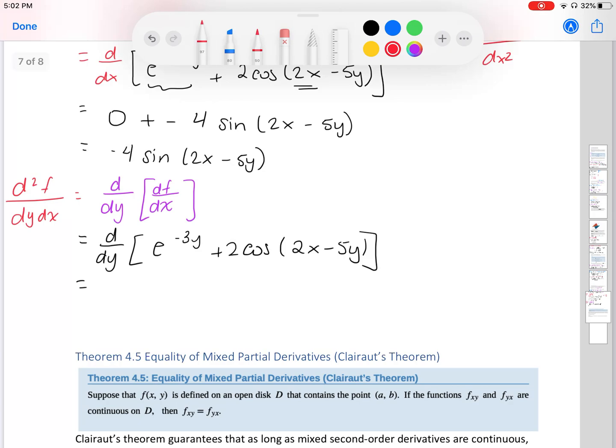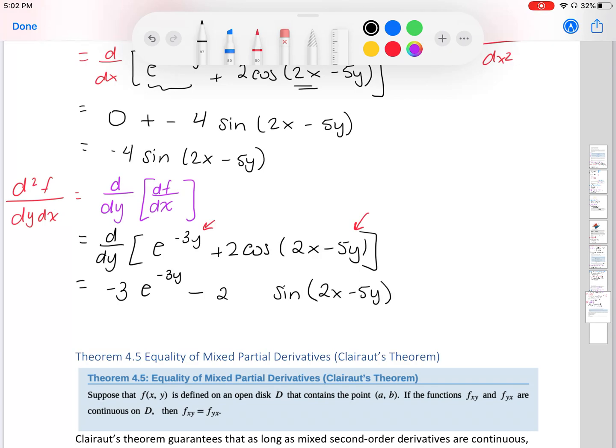But now we want to take that derivative and apply the derivative of y. Okay, where are our y's? We have our y here and our y there. So our derivative would be, the derivative of the exponent is just negative 3. And then here we have a cosine with the argument of y. The derivative of cosine is negative sine. So I have negative sine, and we have 2x minus 5y.